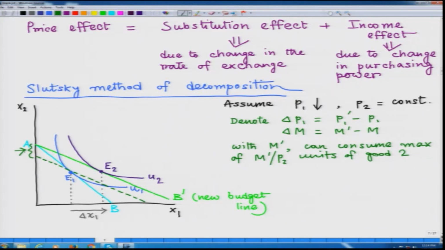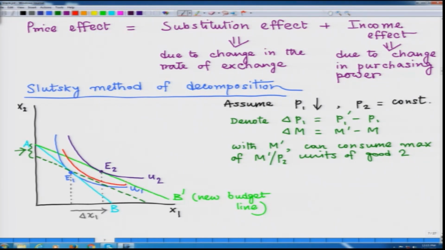Now, as the money income adjustment has taken place, let us see how the consumer is going to find his or her new equilibrium. For the new equilibrium, we have to find again the tangency between the changed budget line, the broken line, and a new indifference curve.